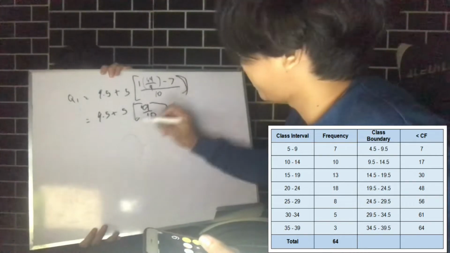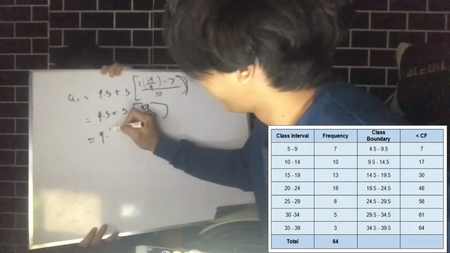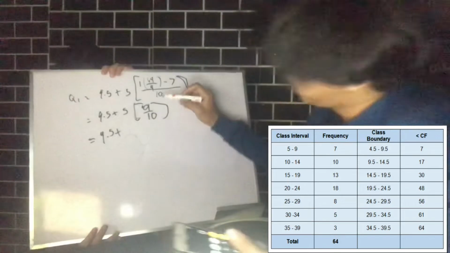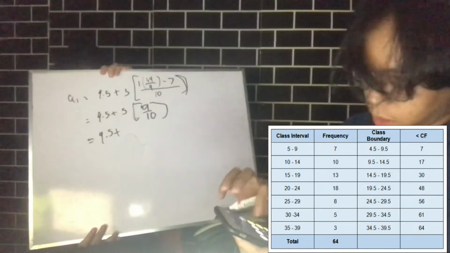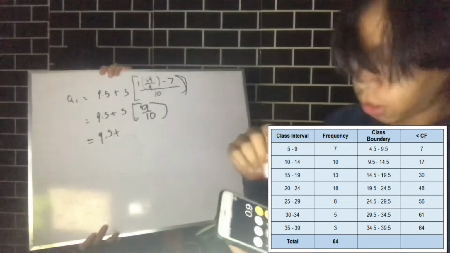Copy lang natin siya, then 9.5 plus 9 divided by 10 equals 0.9.